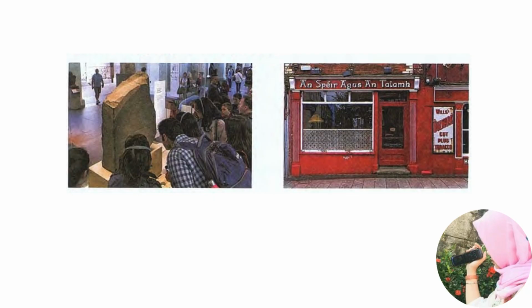We can see on the right picture there is a shop. I don't know which kind of shop specifically. I think it's a bookshop, or maybe a restaurant. As you can see, there is a phrase, a sentence, that is actually found in Ireland.